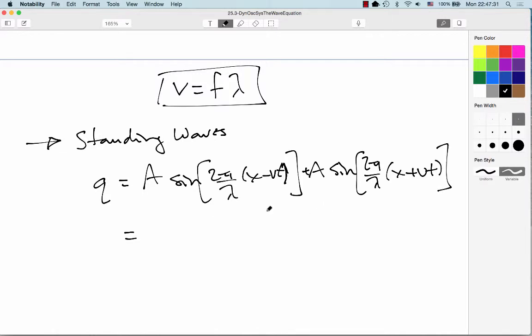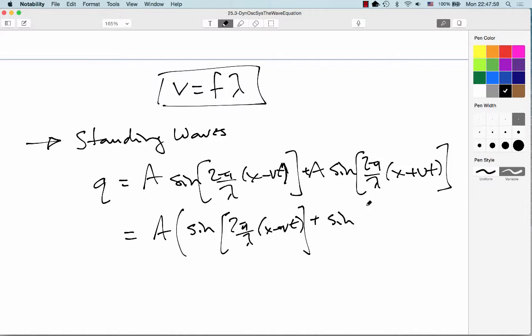Okay, so remembering our addition relations, this is equal to A times the sine of 2 pi over lambda (x minus vt), oops, plus, so we're not adding just yet, plus the sine of 2 pi over lambda (x plus vt).